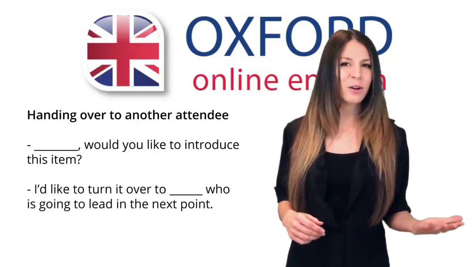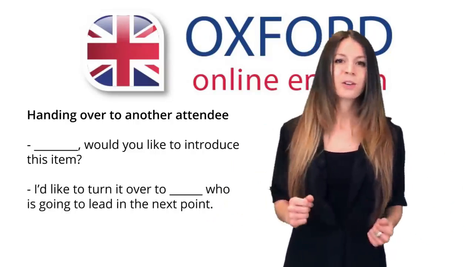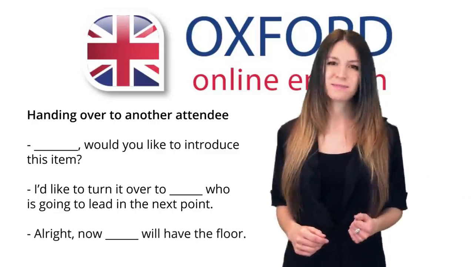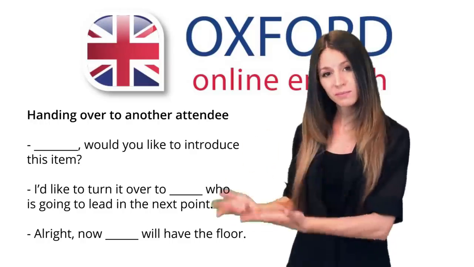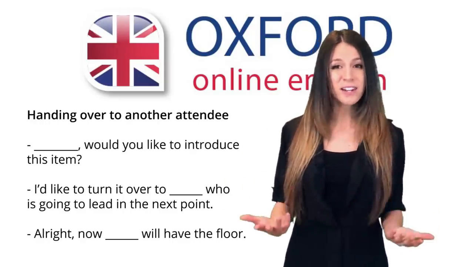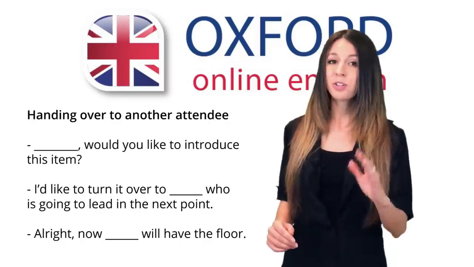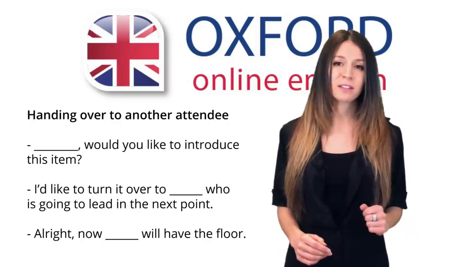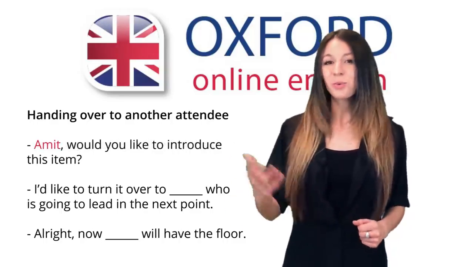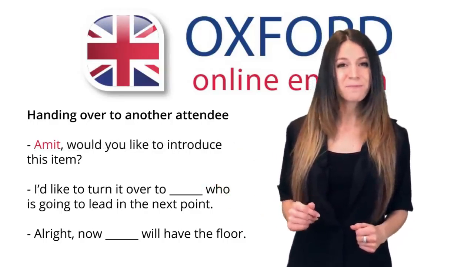"I'd like to turn it over to..." who is going to lead in the next point. "All right, now we'll have the floor." Just add the person's name to use these phrases. For example, "Amit, would you like to introduce this item?"